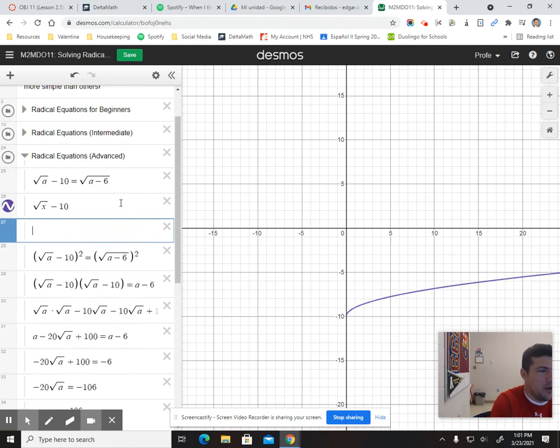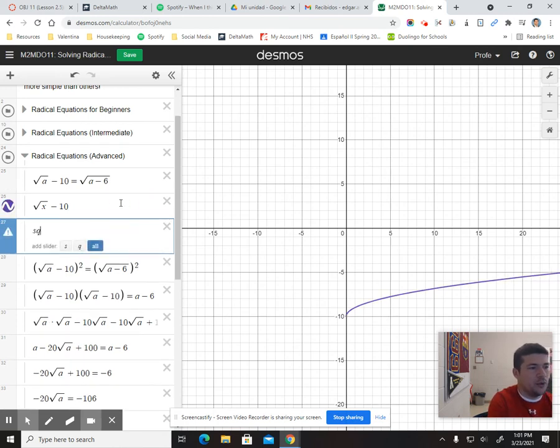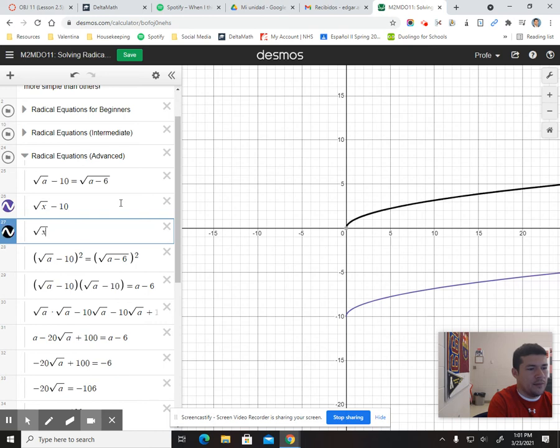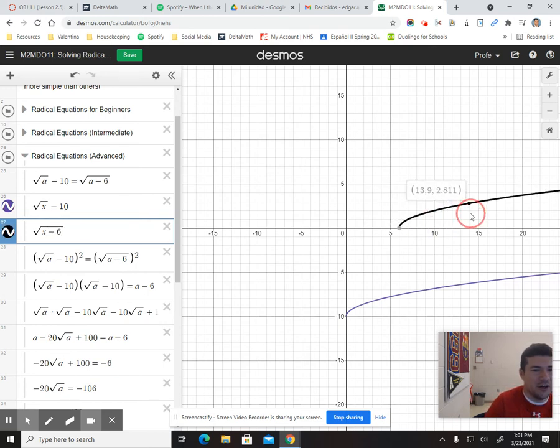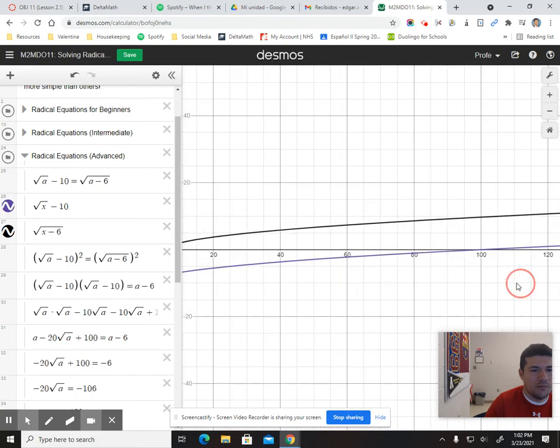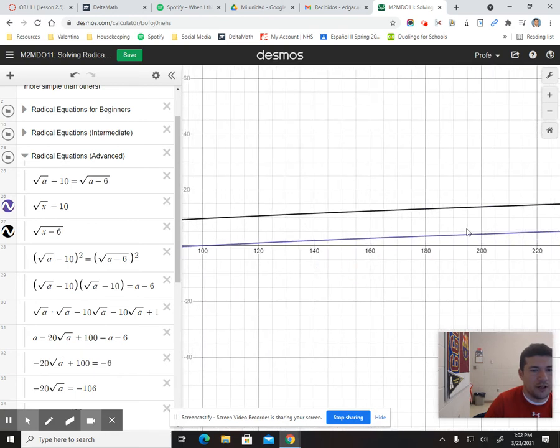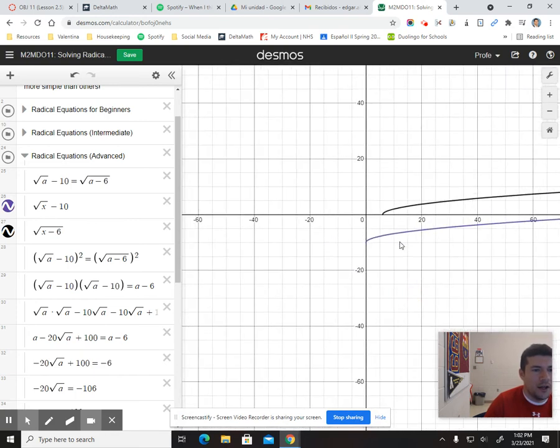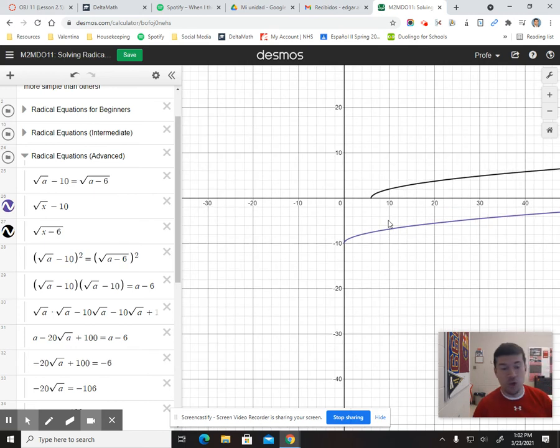And then think about finding an equality with a square root function that has been shifted to the right 6 units. So that's this guy over here. If you really think of it, you're just looking at transformations. When are those two ever going to be the same? Well, never. They're kind of like infinitely parallel. No solution right there. So hopefully that helps you out with solving that third level, that advanced.